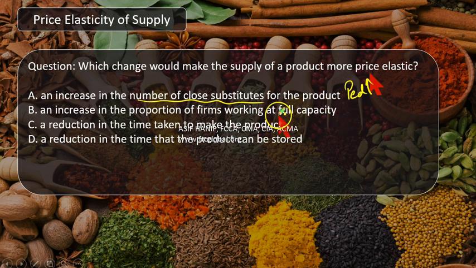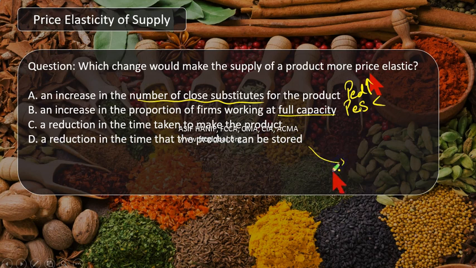If the firms are operating at full capacity, they cannot produce more. Since they cannot produce more, they will be facing a relatively inelastic supply curve. They can't increase their production because the firms are operating at maximum installed capacity.